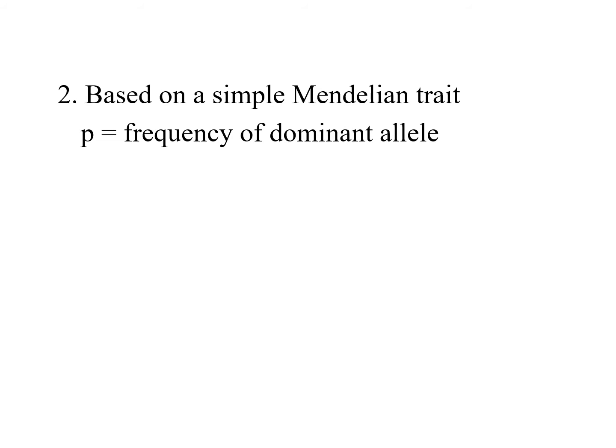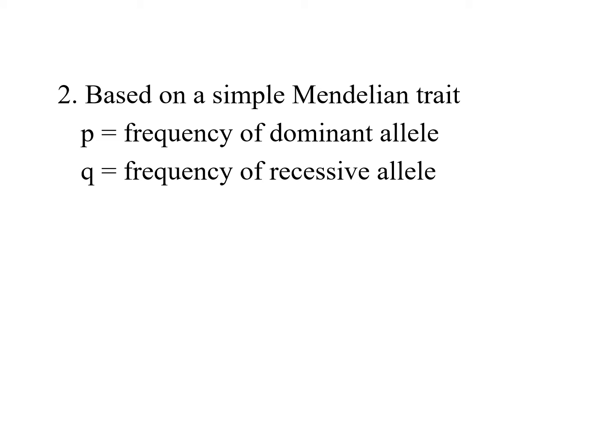So in the Hardy-Weinberg equation, p represents the frequency of the dominant allele in the gene pool. It is a frequency. It is somewhere between 0 and 1. A frequency of 0 means it ain't there. A frequency of 1 means every single allele of the gene is the dominant allele.